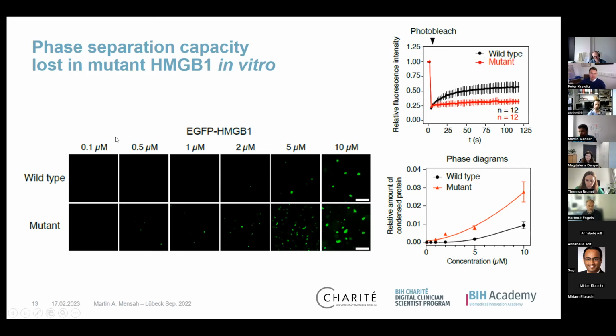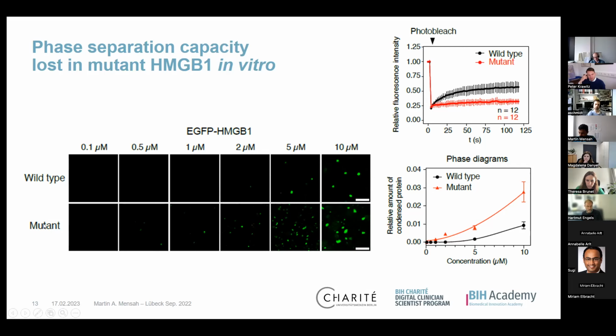For those biomolecular condensates to be formed, there needs to be a certain concentration of the protein. And what they did is they just created higher and higher concentrations of HMGB1. And you see that around 5 micromolar, at this concentration, you see condensates that are formed. Maybe already at 2 micromolar, there's one. And at 10, they're properly seen.